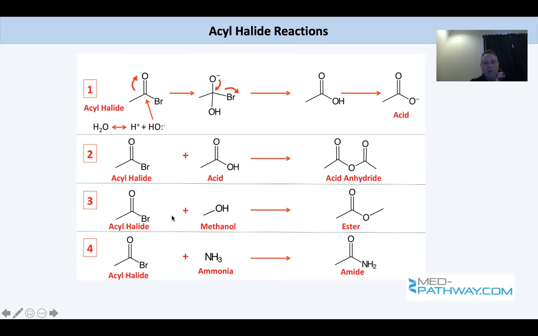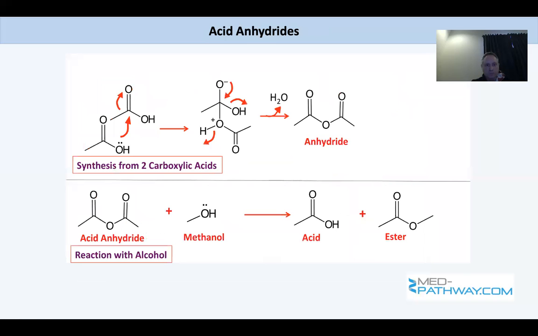So carbonyls plus alcohols most often give you esters. Acyl halide plus ammonia gives you an amide. And so the reaction mechanisms are all analogous to what you see in reaction number 1. You have a nucleophile attacking the carbonyl carbon. It's electrophilic. Tetrahedral intermediate forms, and it collapses, and you generate a new product.